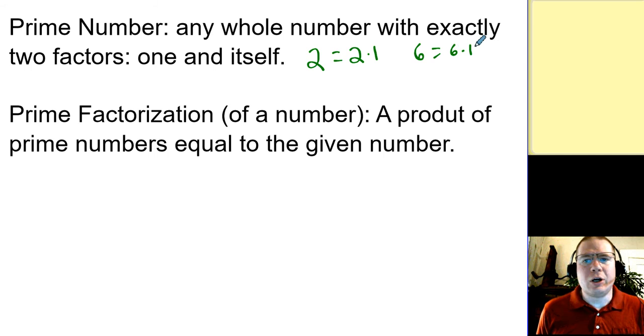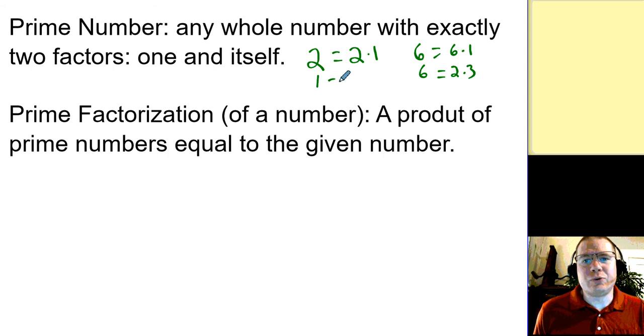I can write a product 1 times 6, but I have another choice here, 2 times 3. So 6 is not a prime number, it's a composite number. A composite just means not prime. It's composed of other smaller pieces. Whereas 2 is a prime number. In fact, it's the smallest prime number.